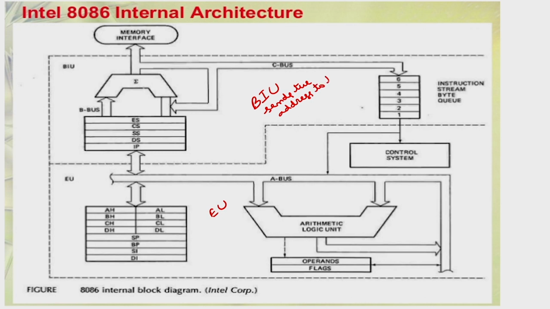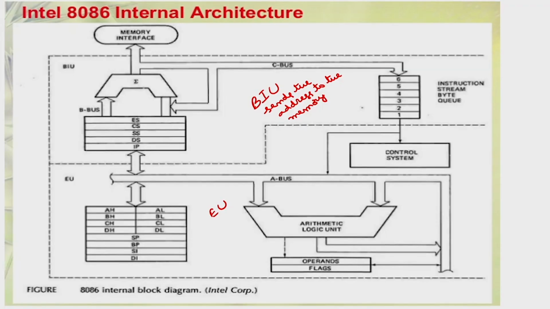To the memory, because the programs will be stored in the memory. In order to execute those instructions or programs, the microprocessor has to fetch the instructions and then they have to be executed. So for that, the BIU, bus interface unit, sends the address to the memory.